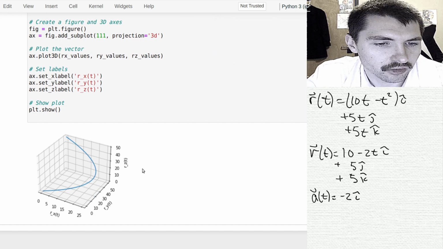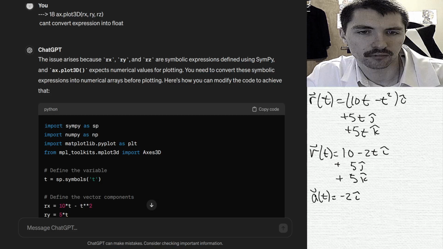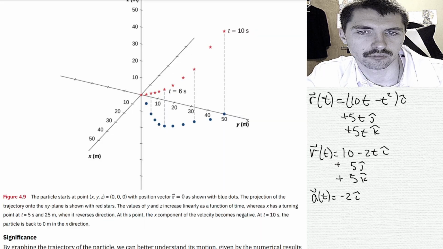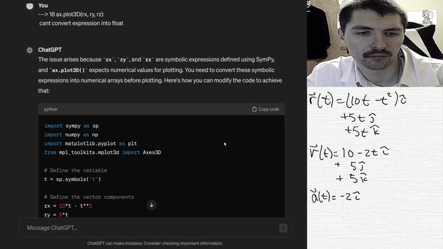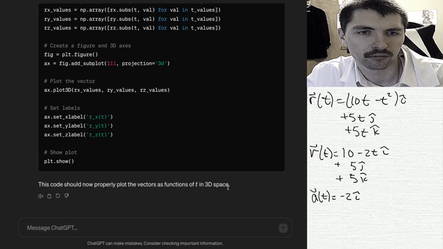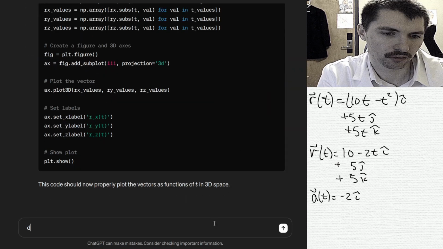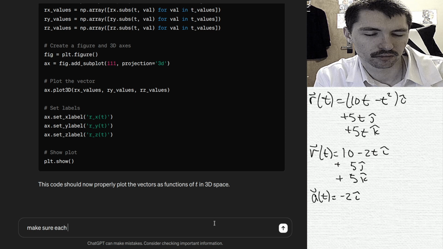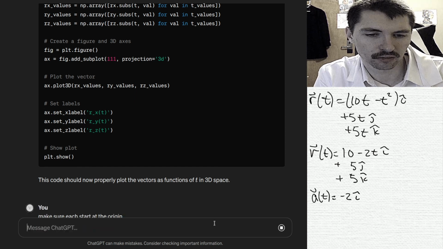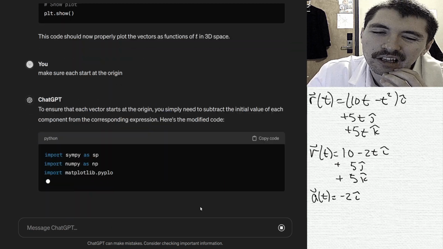I really like how they graphed this. I don't know if that would fix it.